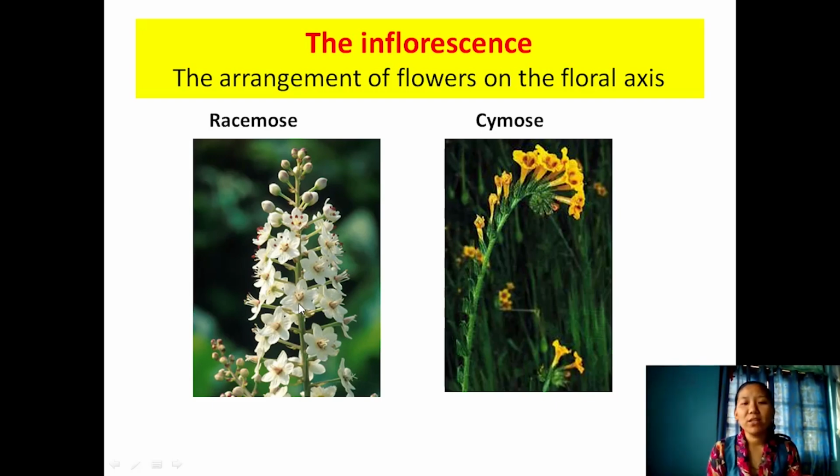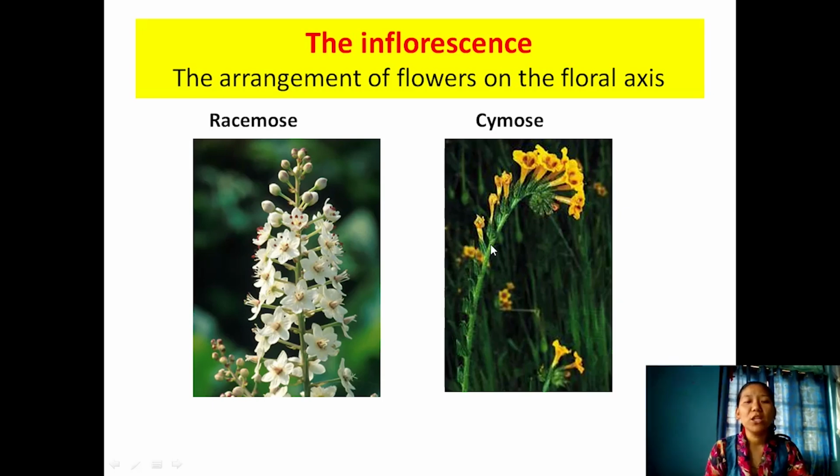Unlike this, we have another type, that is cymose, where the plant apex terminates into a flower. So here the growth is limited. In the case of racemose, it was unlimited, and here it is limited. This terminates into a flower, and the arrangement here, you can see, is that the older are at the tip and the younger ones are at the base, that is basipetal.